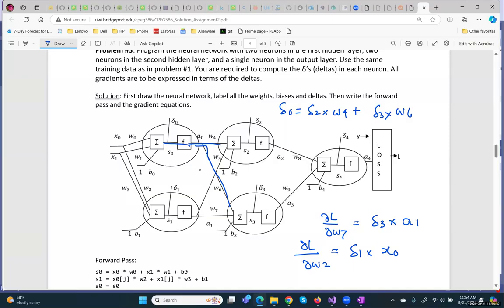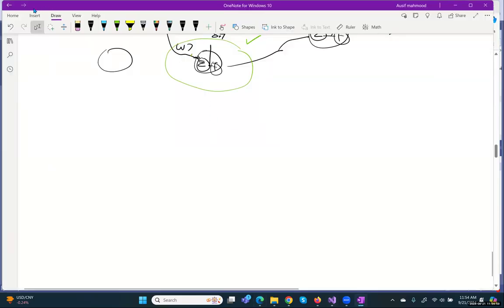Again, the general philosophy in creating the training for a multi-neuron network is to use the deltas because they reuse the gradients. And step 1 is always the forward pass first.